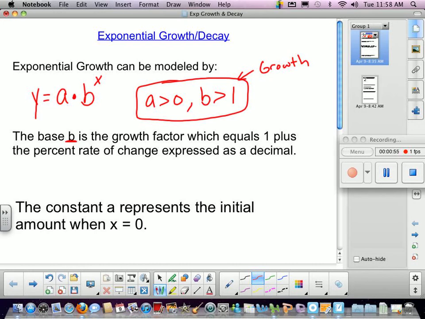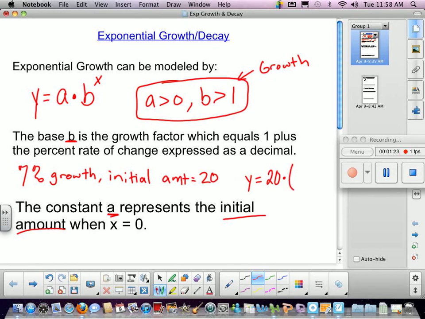So if we were given a problem where it had 7% growth and the initial amount was, say, 20, and the constant A represents the initial amount, then we would be able to write the formula as y equals 20 times 1 plus, we need to change the 7% to a decimal, so that becomes 0.07.